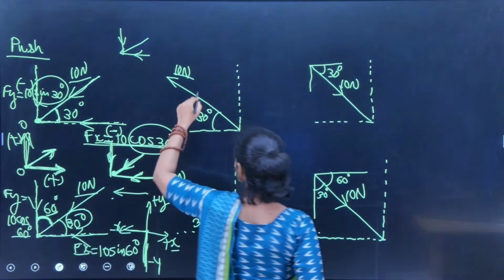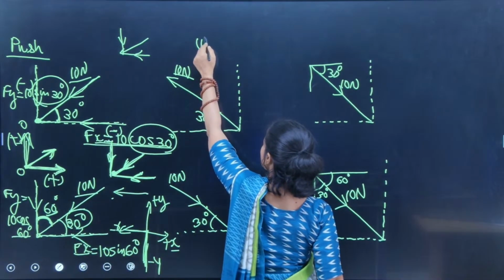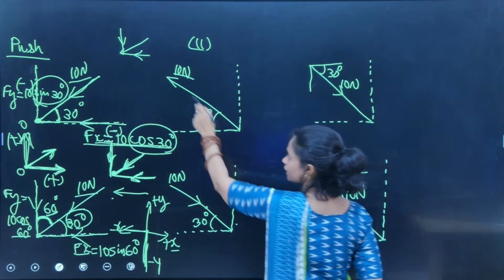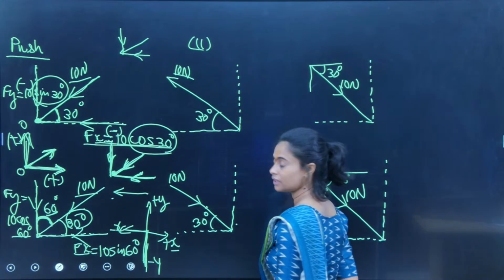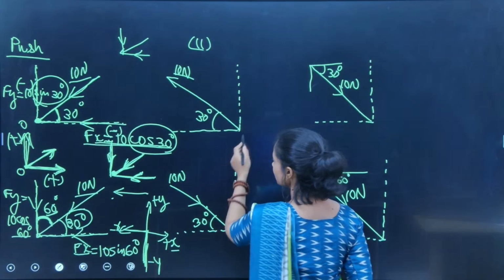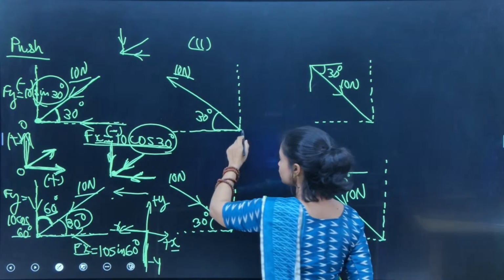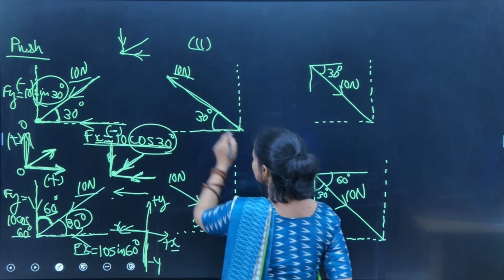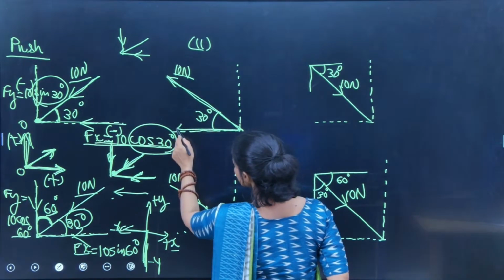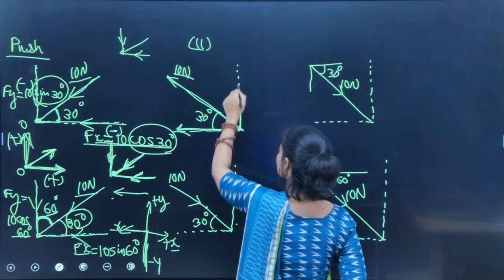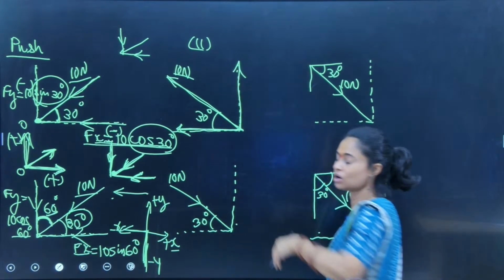Here, in this case, the force is lying in the second quadrant, as you can see. If a force is in the second quadrant and it is pull in nature, going away from the point, its component Fx will also go away from the point and the other component Fy will also go away from the point.